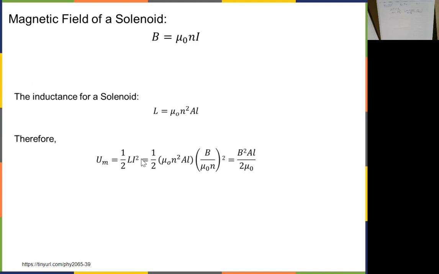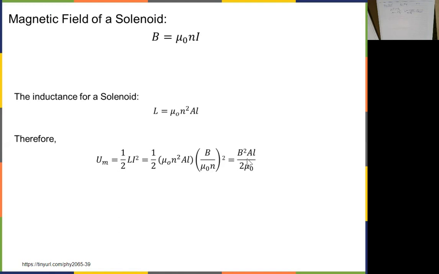L is equal to this, so you take that in the place of L, and I is equal to B divided by mu naught n. So this is equal to B squared A L divided by 2 mu naught. A is the cross-sectional area of the solenoid, and L is the length of it. A times L is the volume of it.